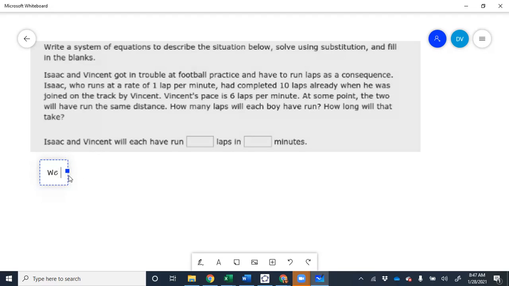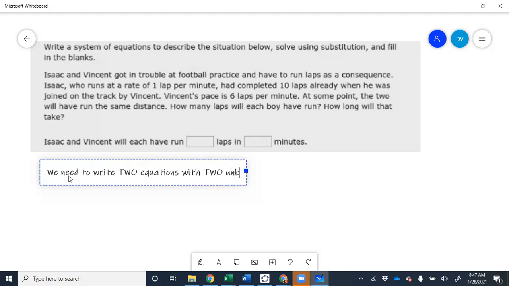We need to write two equations with two unknowns. And by that I mean two letters or variables.